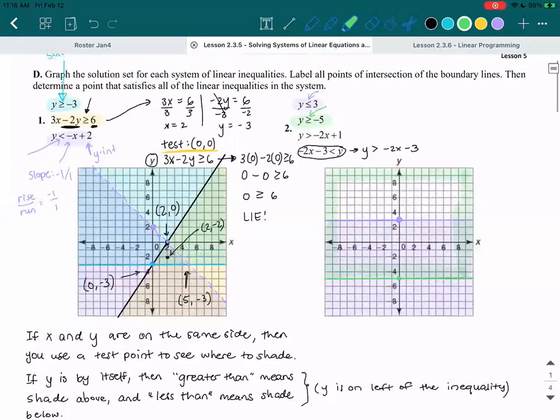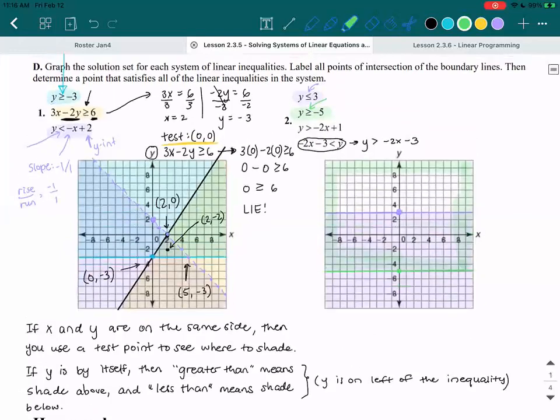I don't know how I accidentally scrolled. Okay. Shade, shade, shade. Hurry up, Miss Jade. Oh man, we've got some double shading there, but it's okay. All right, so we shaded above because it says y is greater than or equal to -5.